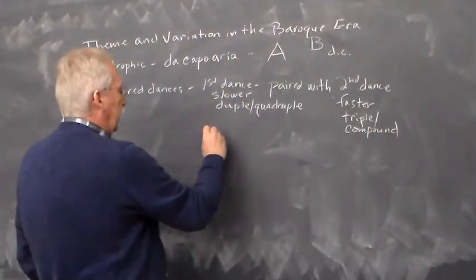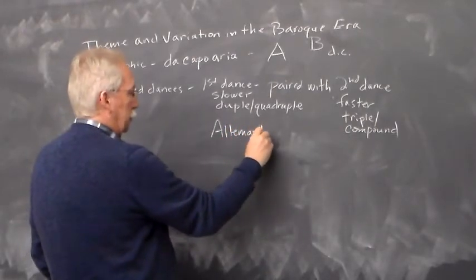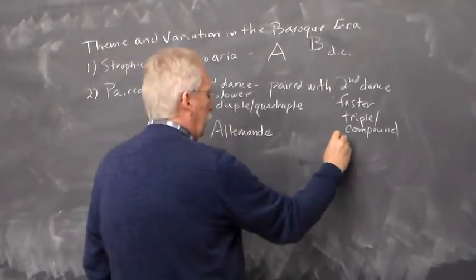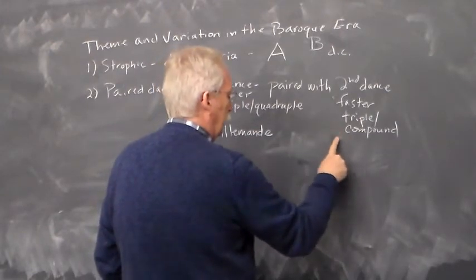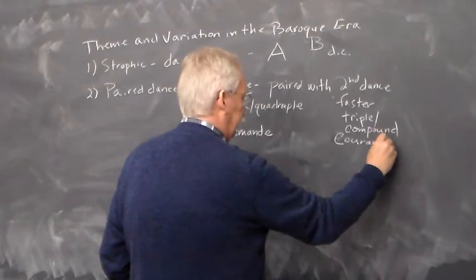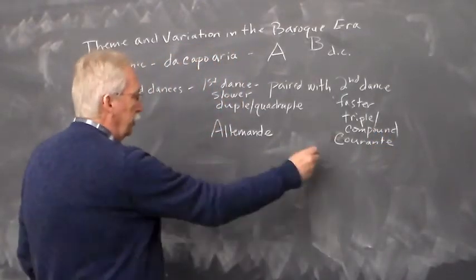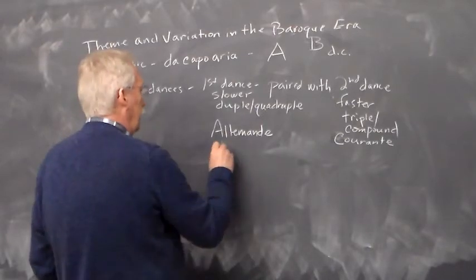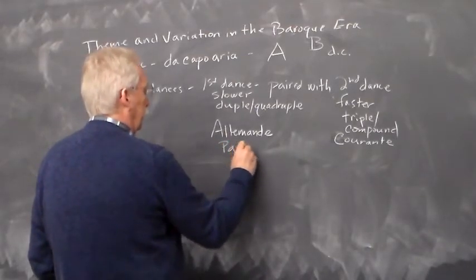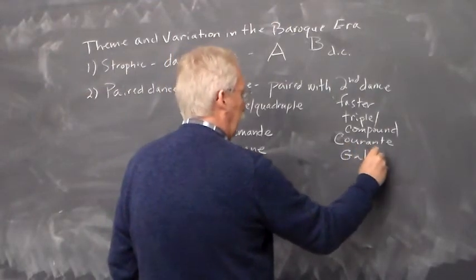So something like the Allemande and the Courante are a good example of paired dances. Another example would be the pavane and the Galliard.